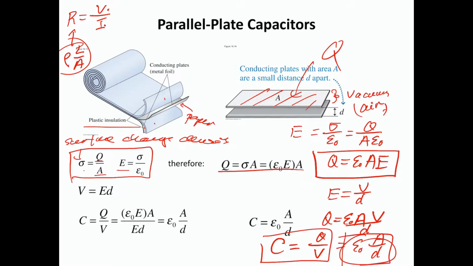This is how the manufacturer can make the capacitance: choose the area A and the separation D. Before you put anything in between, there's no material dependence. So this is all you need. You can make your own capacitance just by choosing the right area and the gap between.